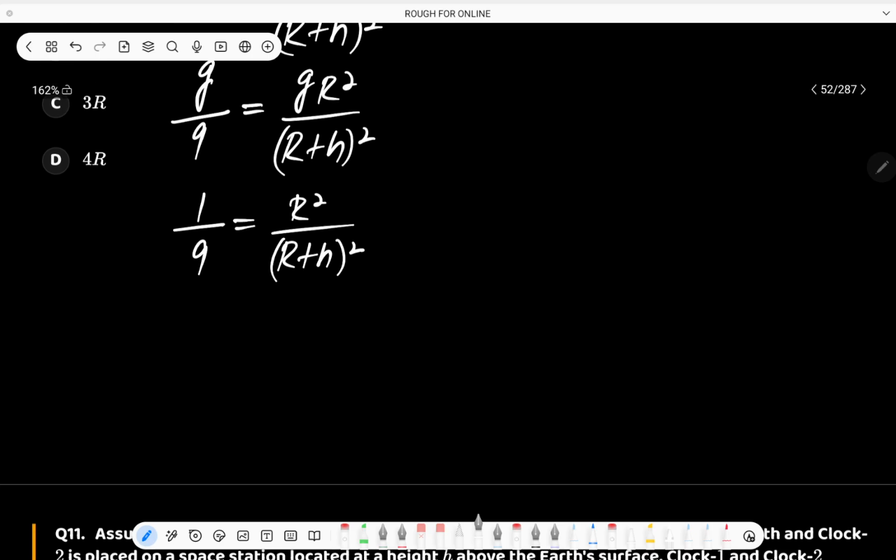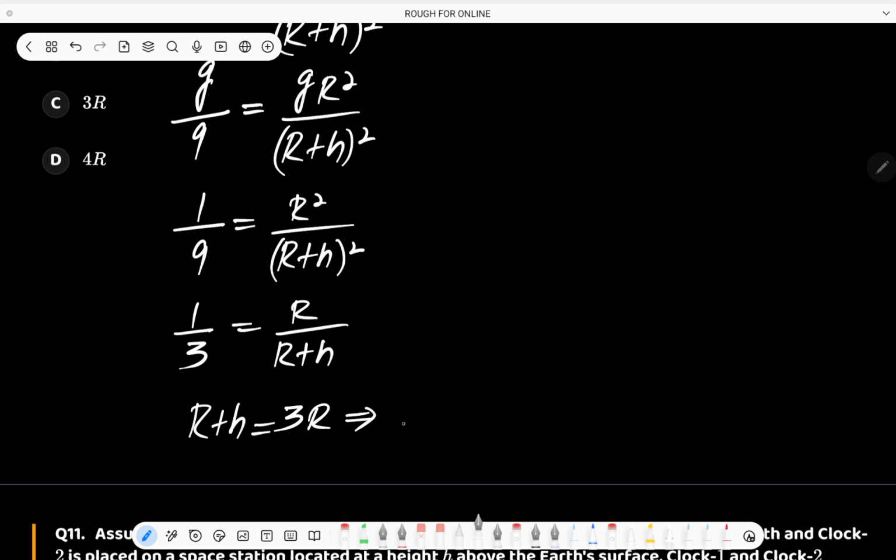Taking the square root on both sides, 1 by 3 equals r divided by (r plus h), because the square root of 1 is 1 and the square root of 9 is 3. Cross multiplying, we get r plus h equals 3r, which implies that h is equal to 2r.